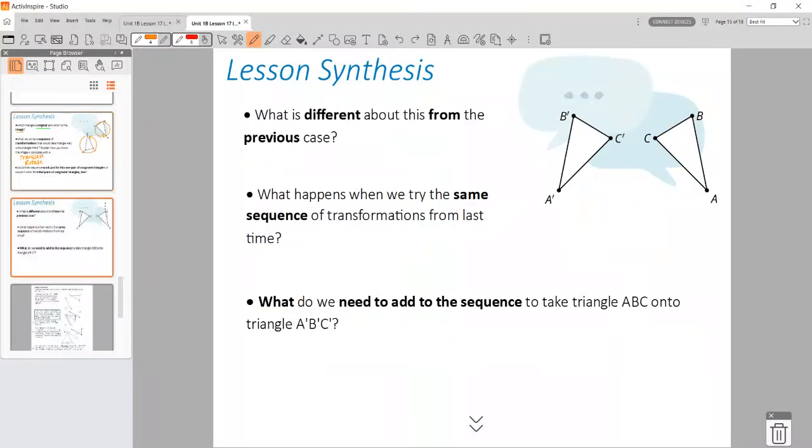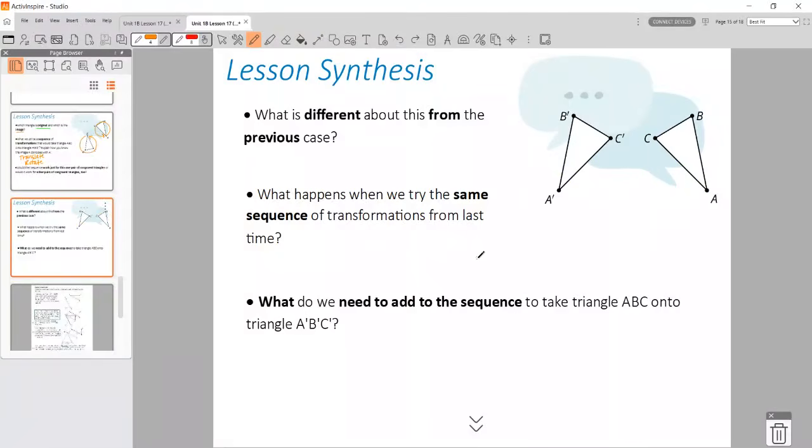So if we look at this set, what's different about this and the last one? If we look at the order here, ABC is going clockwise, and ABC here is going counterclockwise. So this one has a reflection. For this one, you can translate, rotate, reflect.